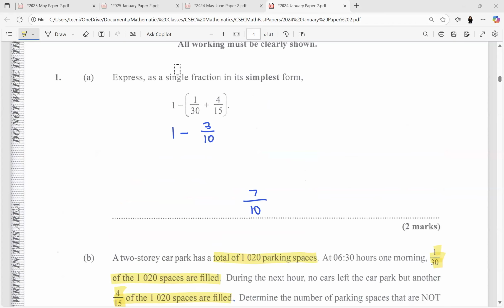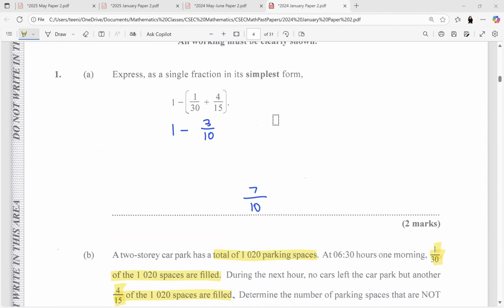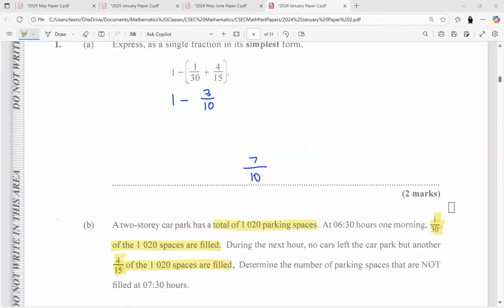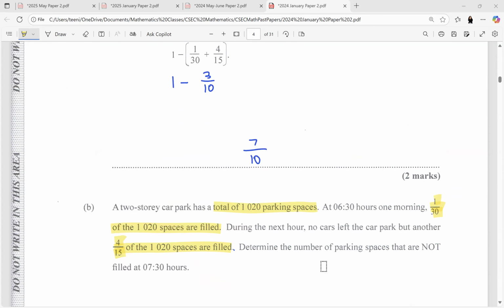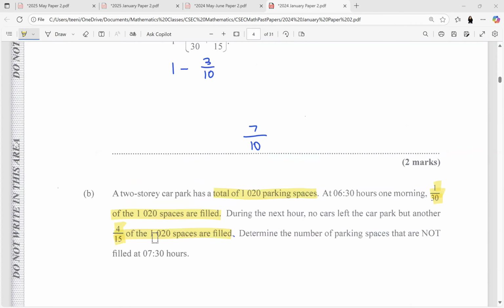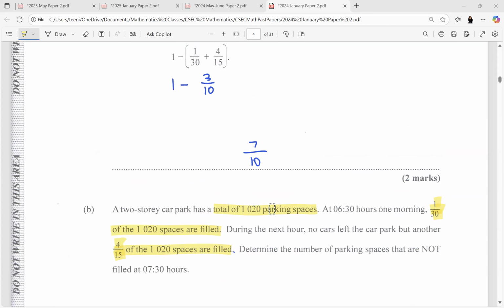Right, so look here, right? If you realize this question is 1 takeaway 1/30th plus 4/15, and in this question, 1/30th plus 4/15 of the car spaces were filled. So in other words, 7/10 were not filled, right? If 1/30th and 4/15 are filled, then 7/10 are not filled because 1/30th plus 4/15 is 3/10.